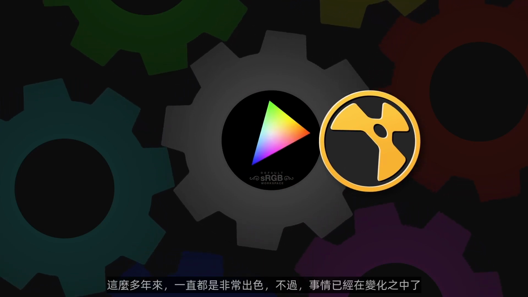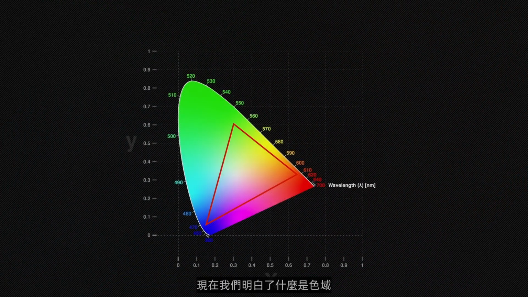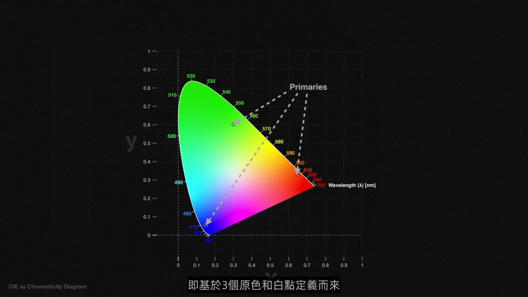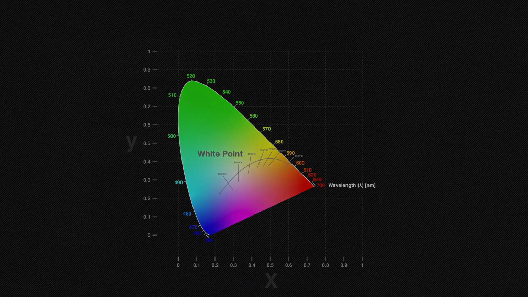But things are changing. Now that we understand what the gamut is, and that it is based on the three primaries and completed by the white point, let's go ahead and study the last element that conforms a color space, the transfer function. In color management, there is a function that is an essential part of the color space, which is the transfer function.